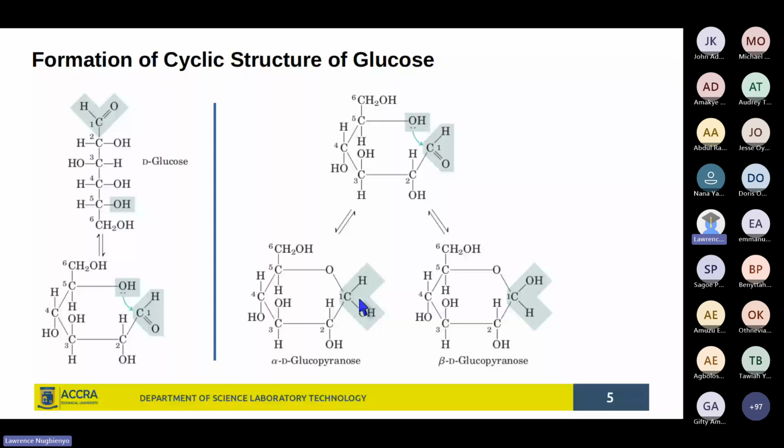So what you can notice is that the hydrogen of the hydroxyl group on carbon number 5 moves to reduce the oxygen that is having the double bond with the carbon on carbon number 1.